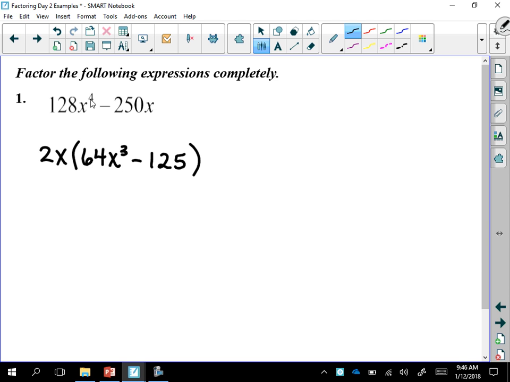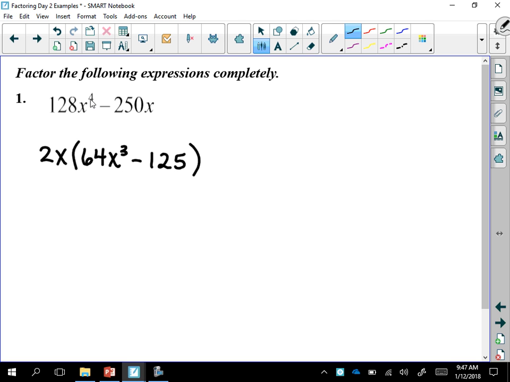It's two terms again. So if we're going to factor that, it might be the difference of perfect squares, or it might be the sum or difference of perfect cubes. In this case, because it's an x cubed, that's kind of leading me to think that it's probably going to be the difference of perfect cubes, but let's make sure of that.